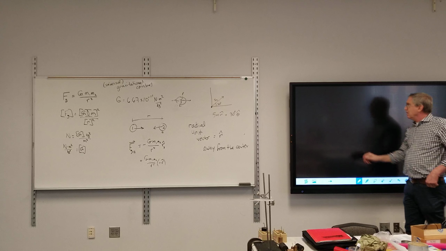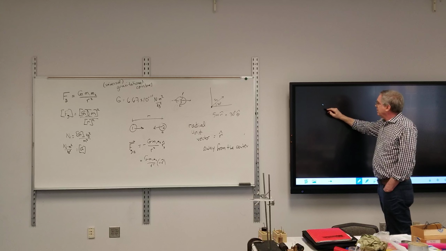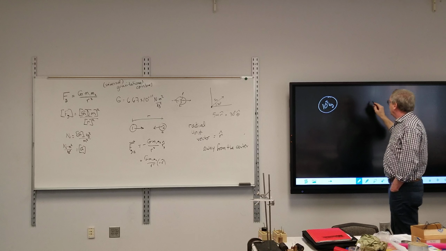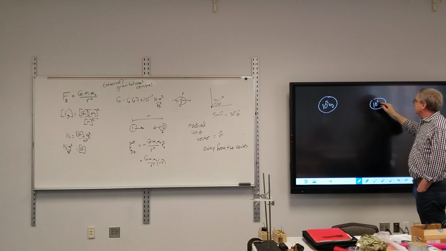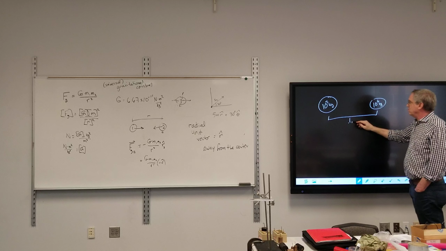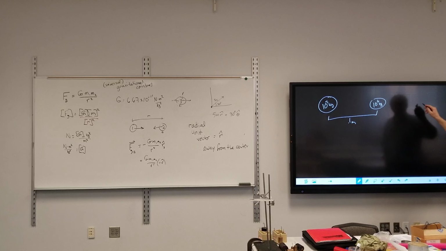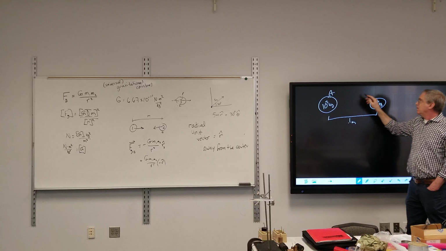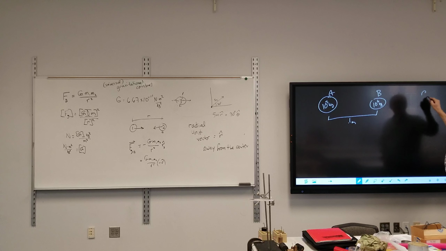So I have my 10 to the 5th kilogram mass here. I have my 10 to the 6th kilogram mass there, a distance of 0.1 meters apart. A, B, and C. And then I have a 10 to the 5th kilogram mass over here.